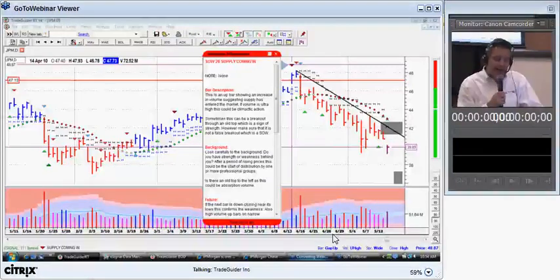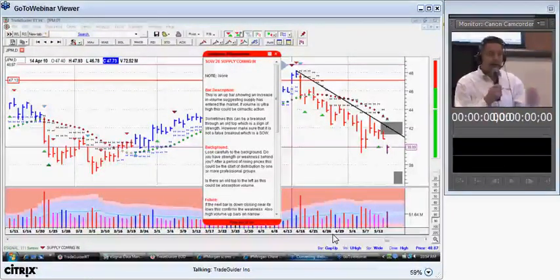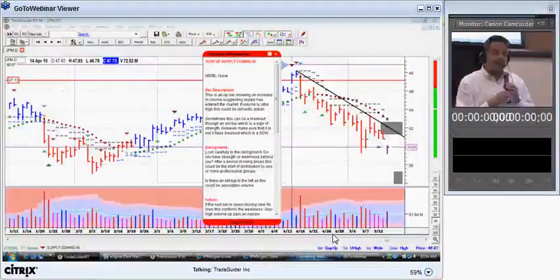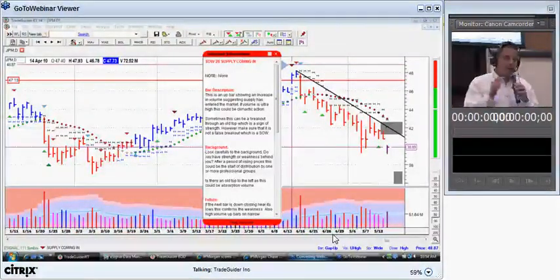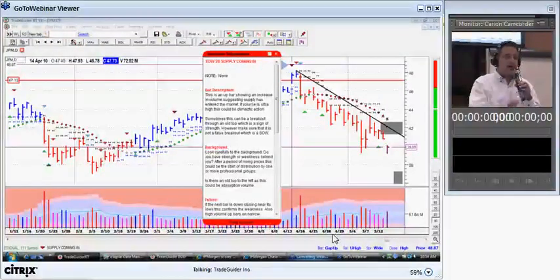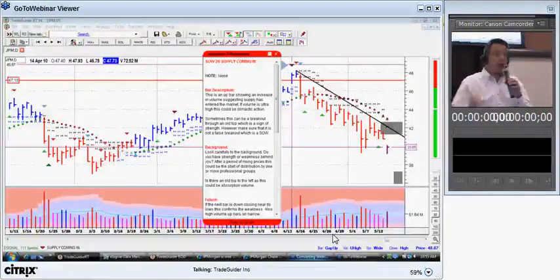Sometimes this can be a breakout through an old top, which is a sign of strength. However, make sure that it is not a false breakout, and I'll show you how we confirm that in a second. For those breakout traders who want to know if these breakouts on good news are genuine, the next 2 bars confirm it cannot be, and you should be ready for a short.